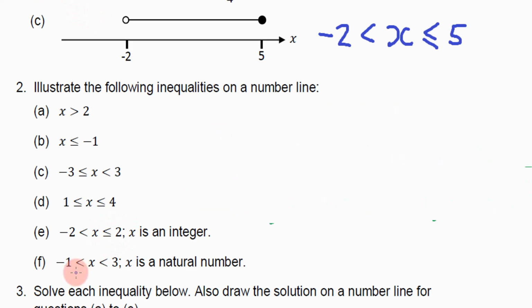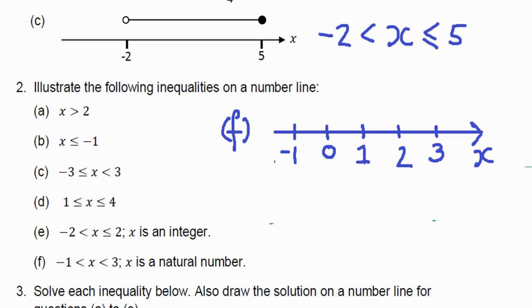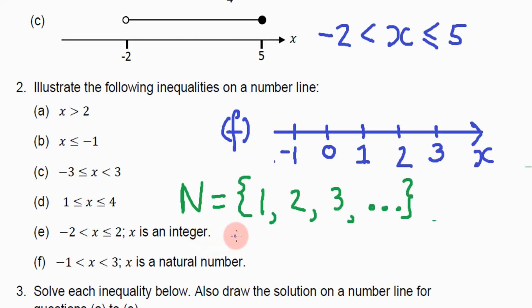In F, x is greater than -1, so strictly greater than -1, and also strictly less than 3, so in between -1 and 3, and x is a natural number. Now, we know the natural numbers are represented by the numbers 1, 2, 3, etc. x is strictly greater than -1, so we can't include -1.